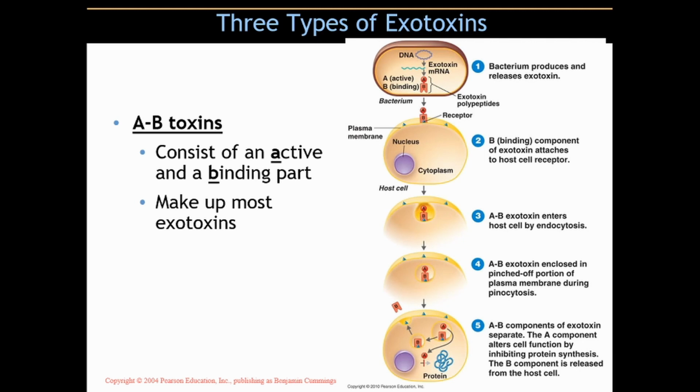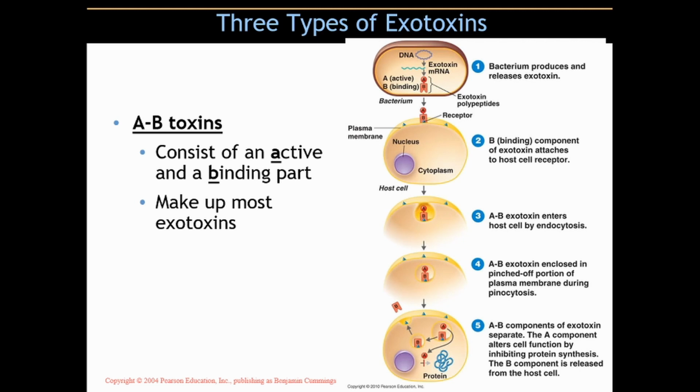The AB toxin then enters by endocytosis, and so the cell takes it in. And it's stimulated to form this endocytotic structure within the cell. Then, once it gets down into the cell, the AB components separate. B leaves, and it heads out of the cell, as you can see in the last picture.